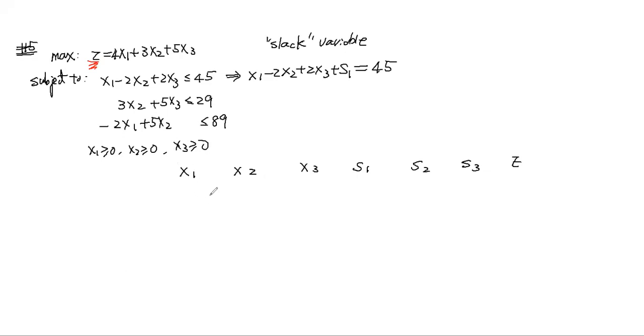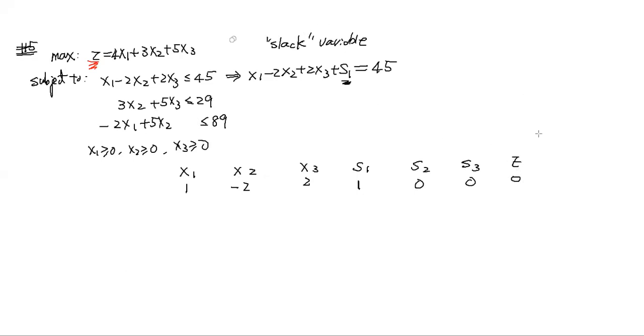For the first row, this is 1 for x1, -2, and 2, and because of s1 you introduce 1, then 0, 0. There's no z here, so it's 0.